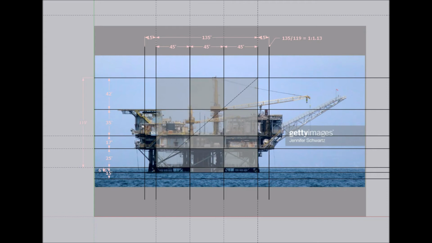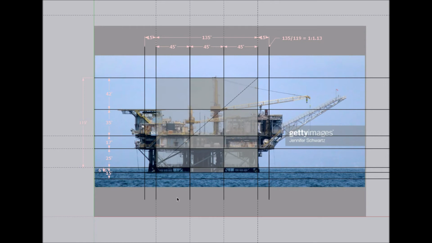I chose this image because it's taken close enough that we're not getting atmospheric distortions, but far enough away that we're also not getting a lot of very up-close perspective convergences. And it's also a pretty much straight-on shot of the side view of the platform. It's not exactly straight on, but it's very close to being a nice elevation view of the side. The platform dimensions I took off that permit document.